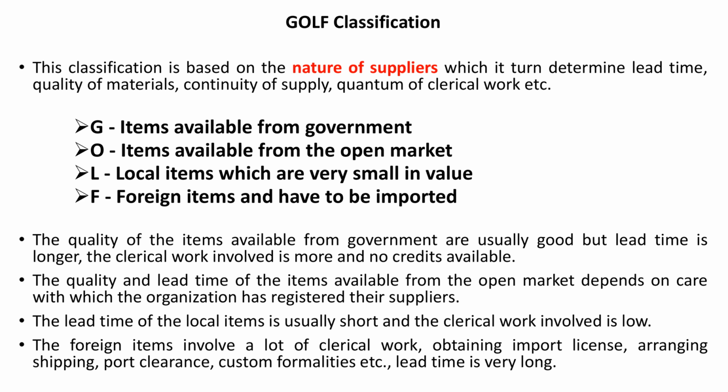The lead time for local items is usually short and the clerical work involved is low. The foreign material items involve a lot of clerical work, obtaining import license, arranging shipping, port clearance, customs formalities, etc. And also the lead time is very long.